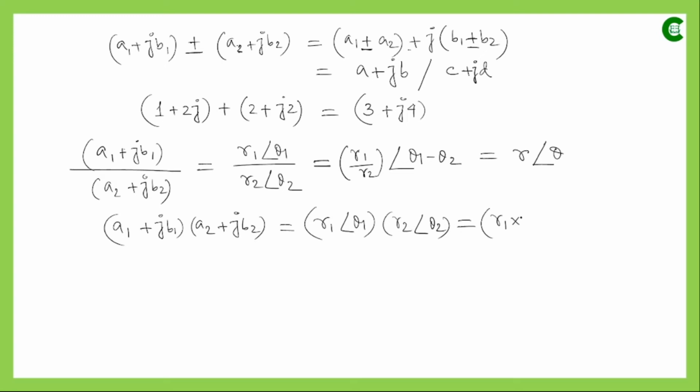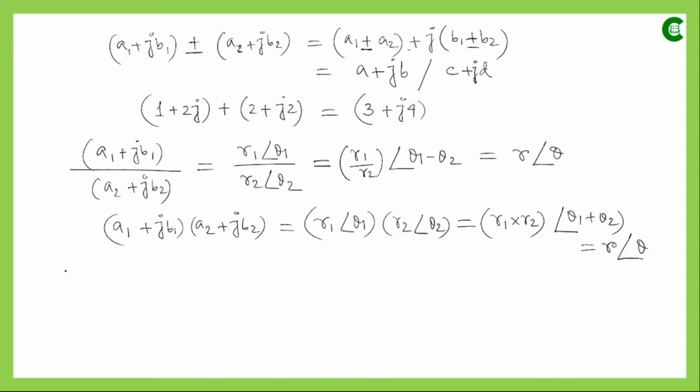So it will be r1 multiplied by r2, and for the angle it will be the addition of both angles, theta 1 plus theta 2. Finally, if it is r angle theta, then again it is in polar format. Now if we want to get the value back in rectangular format, we can apply the concept again on the final value.